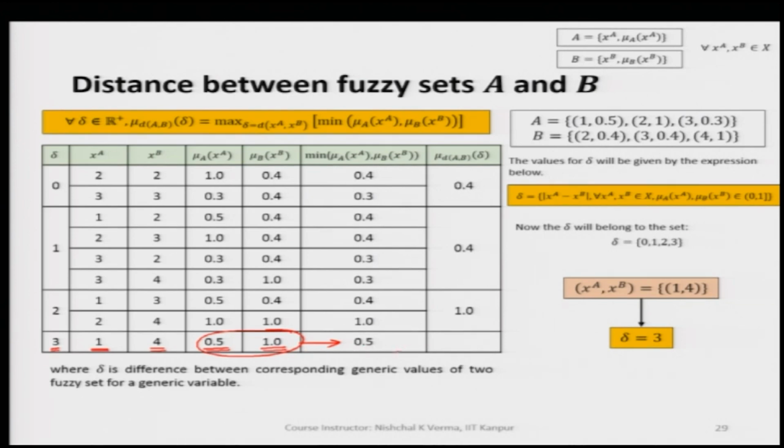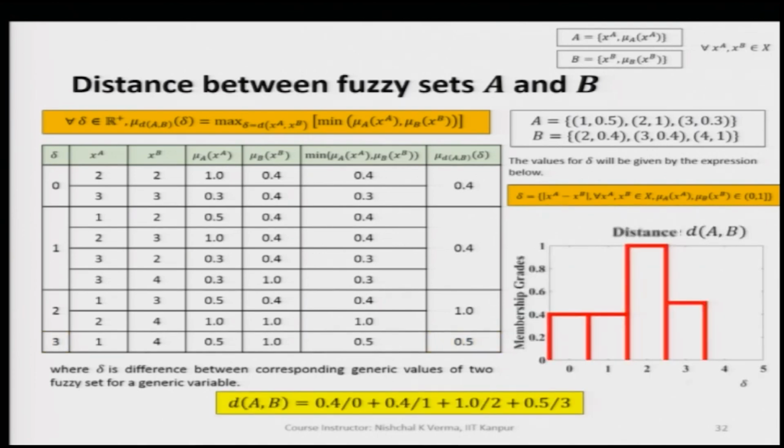Since we have only one entry here, the maximum of this is going to be 0.5. So, now we understood how we fill this table, which is going to help us in making the fuzzy set which gives us the distance between two discrete fuzzy sets A and B.